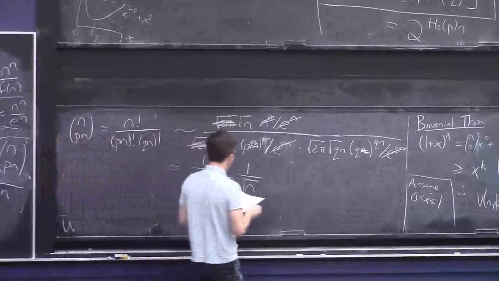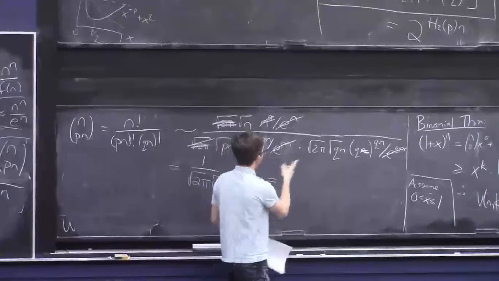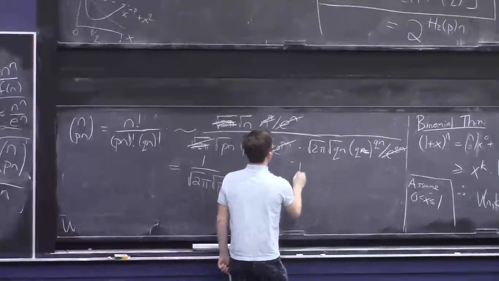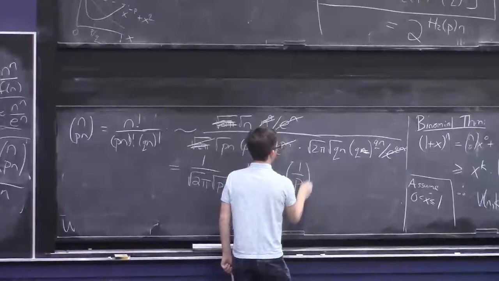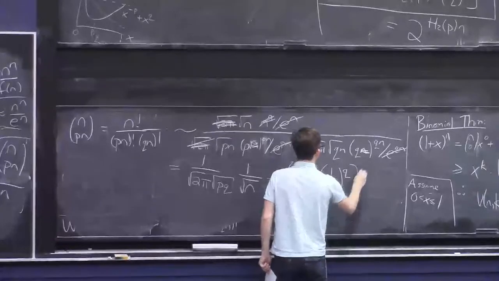And what are we left with? We're left with the exact same thing as before, good old 1 over p to the p, 1 over q to the q, to the n.